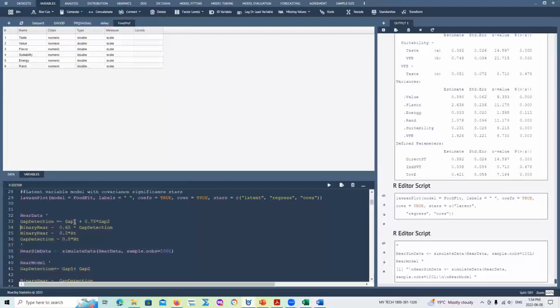But that's why it's complaining here. It's complaining about the model, some strange character that we can't see. Let me see here.